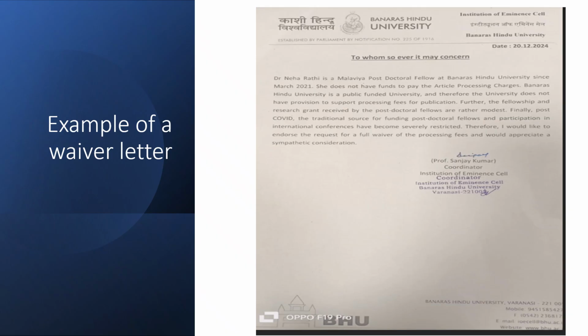Now, when I was talking about open access, I would also want to clarify one thing. Once the open access article is published, you will be able to see the entire article. Did you get it? Entire article, you will be able to read it. So you don't have to write to the corresponding author to send you the full article.